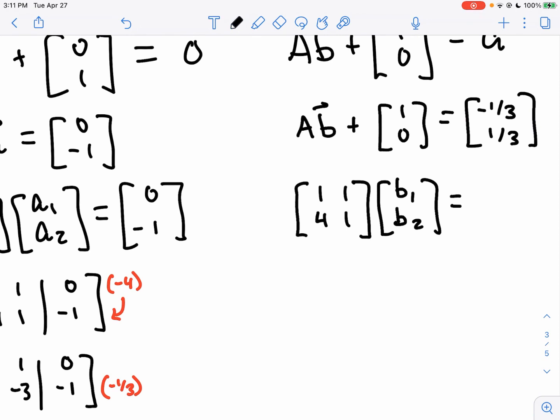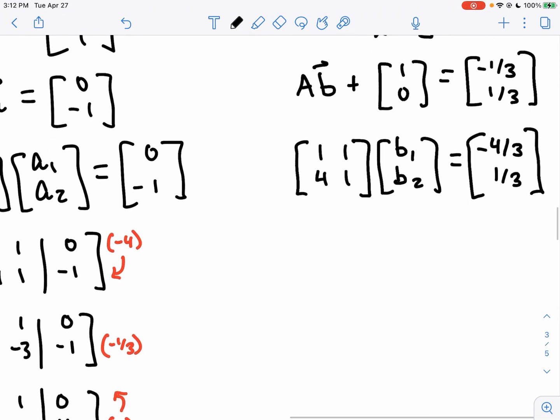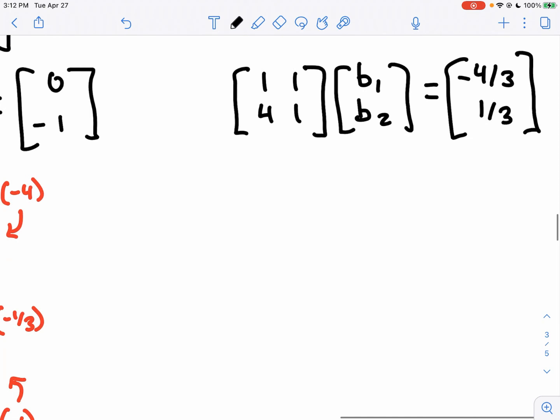So we're going to do -1/3 minus 1, that's going to be -4/3, and 1/3 minus 0 stays 1/3. So this becomes a system that I'm trying to solve, and I'm going to use row operations to do this again. I'm going to write this as an augmented matrix: 1, 1, -4/3, 4, 1, 1/3.